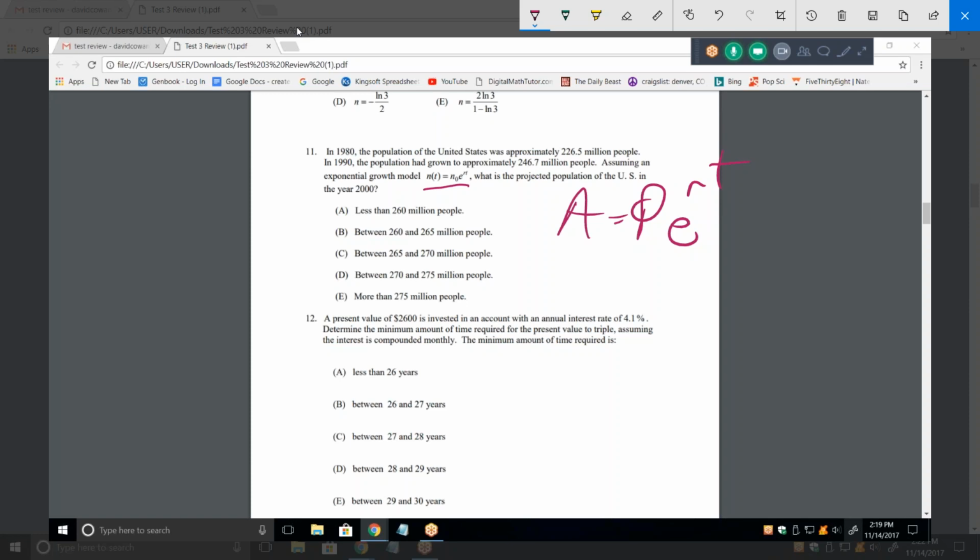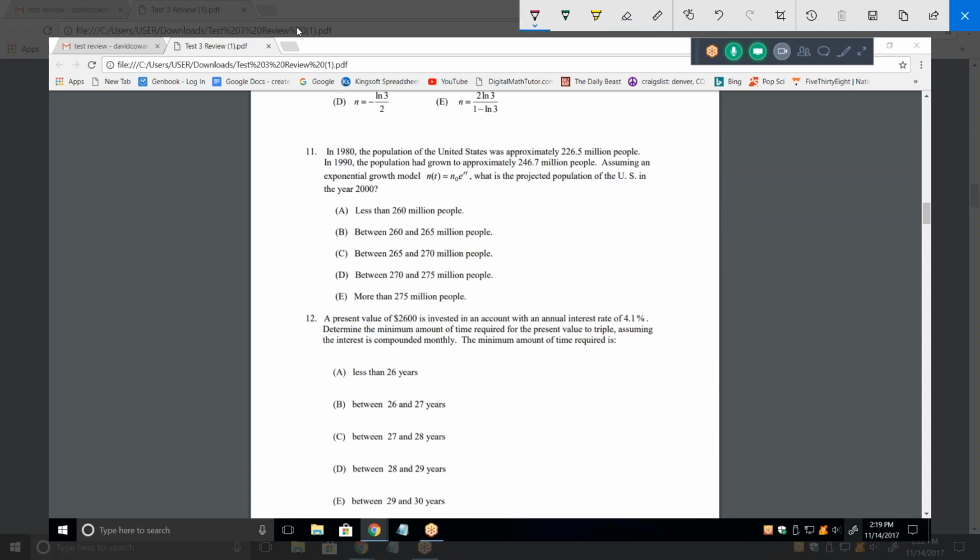In other words, this is the general formula for continuous growth. The growth N of t is equal to the starting population times e to the r t. So we're looking at the general equation that they were nice enough to give us.